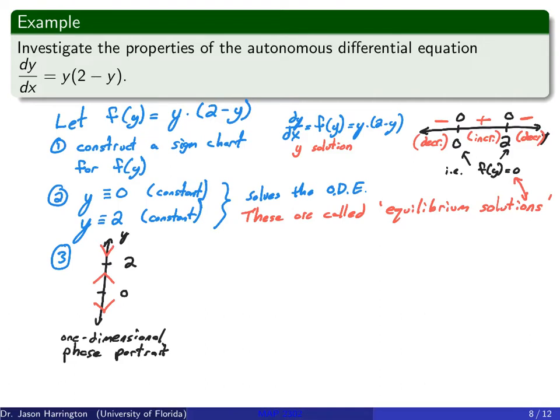Now here's what you have to understand. For each and every single x, if I were to draw out the x and y axis here, it doesn't matter which x I pick. If I pick x equal to 1, for example, I know the y value y equal to 2 and the y value y equal to 0, everything is going to happen the same. Everything below y equal to 0, the slopes are decreasing.